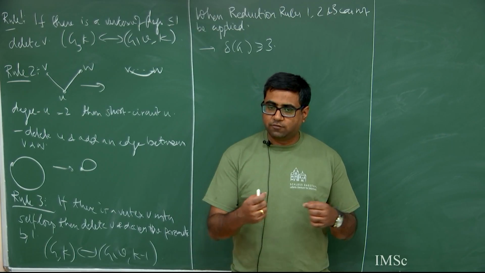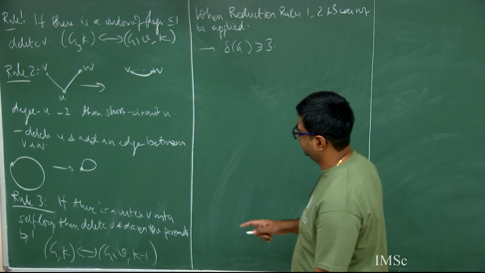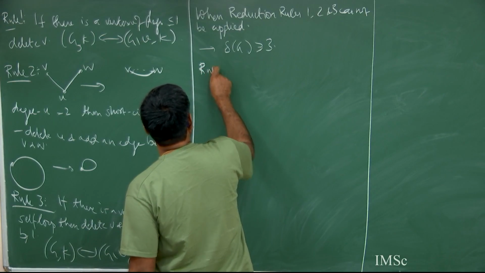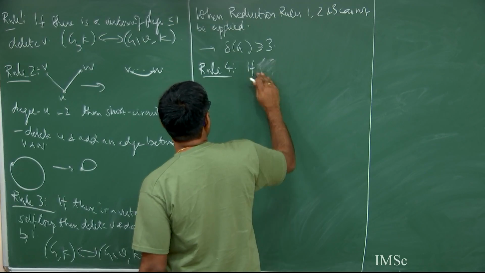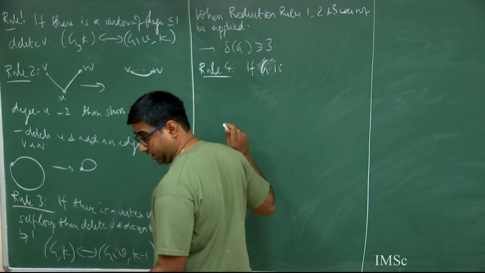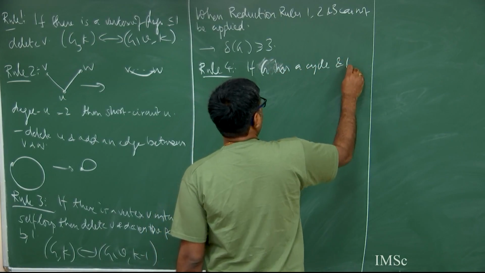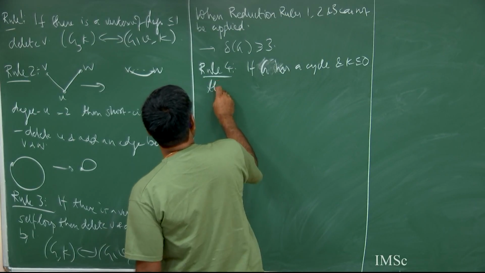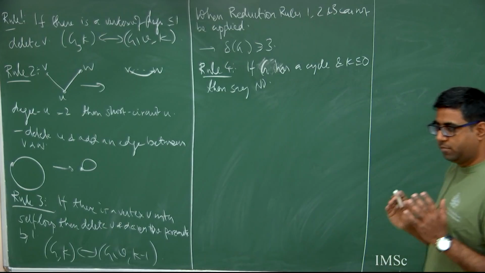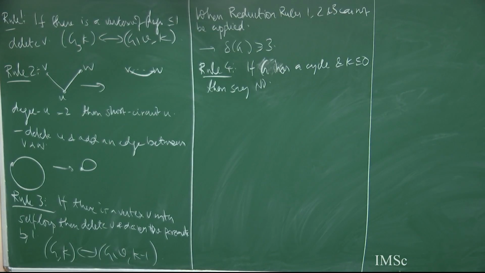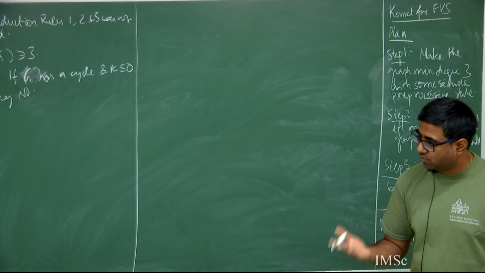To take care of these corner cases, you add rule 4: if G has a cycle and k is less than or equal to 0, then say no. Then you have actually solved the instance; you have been able to decide in polynomial time that this is a no instance.